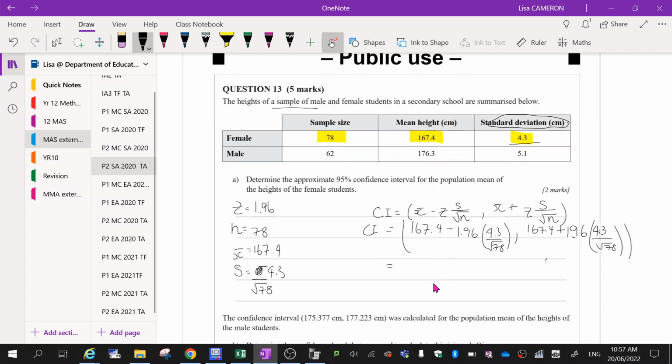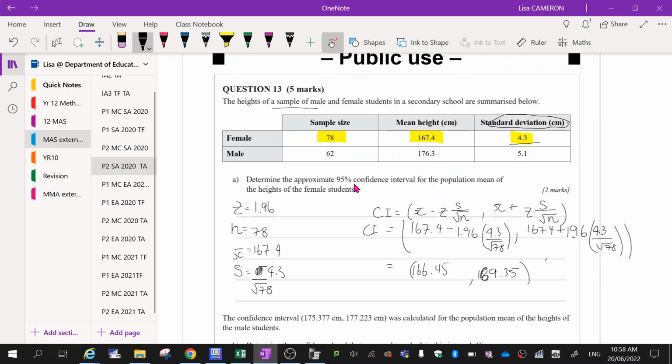All right, so once I throw that into the calculator, I'll get the following answers of 166.45 and 169.35. Okay, so let's just summarize again what you've actually found. So you've determined the approximate 95% confidence interval for the population mean of the heights of female students.